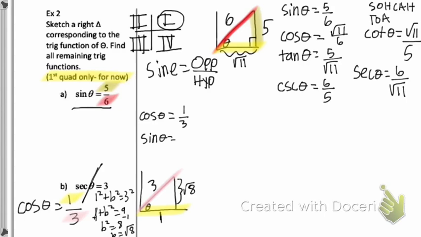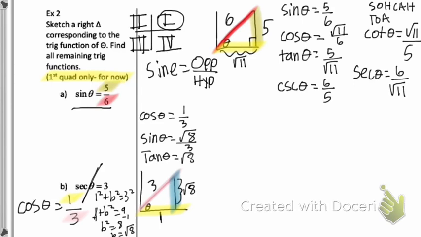Now we can do sine of theta, which is opposite over hypotenuse. So square root of 8 over 3. This side over here is the opposite side of the triangle, which is square root of 8. Now let's do tangent of theta, which is opposite over adjacent. It'll be square root of 8 over 1, which just equals square root of 8. Now let's find the other trig functions.